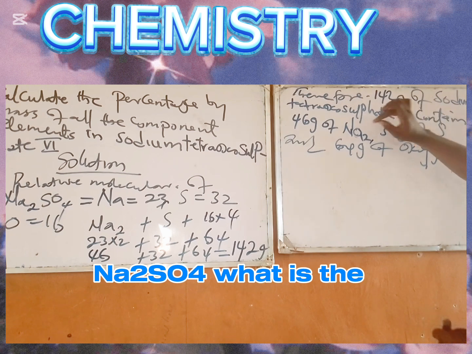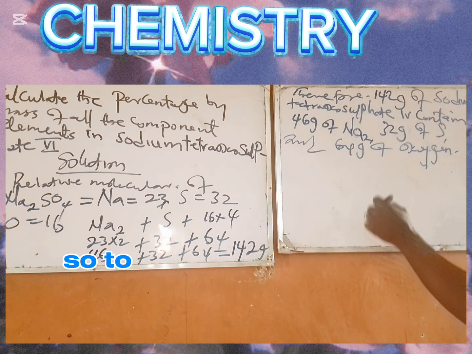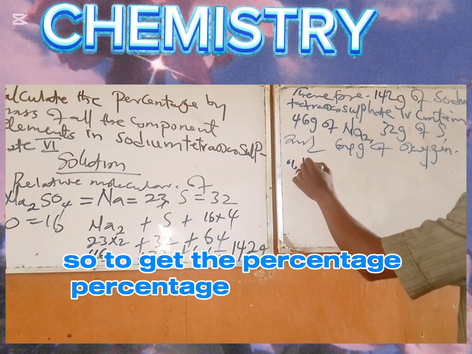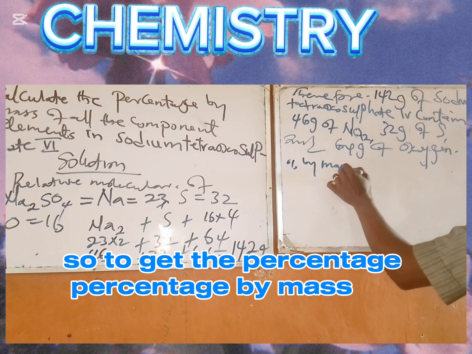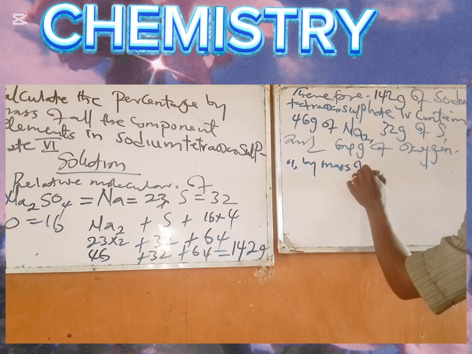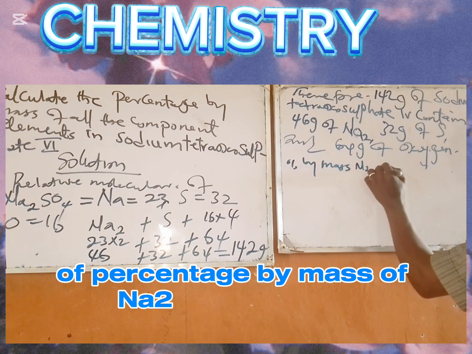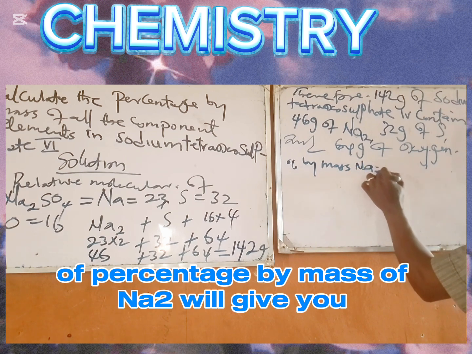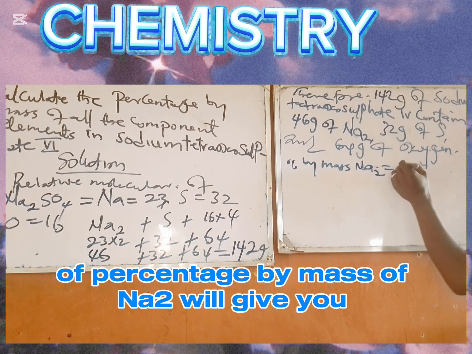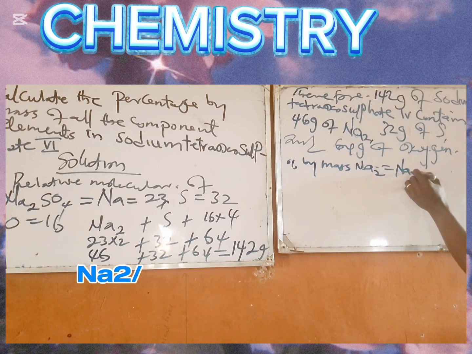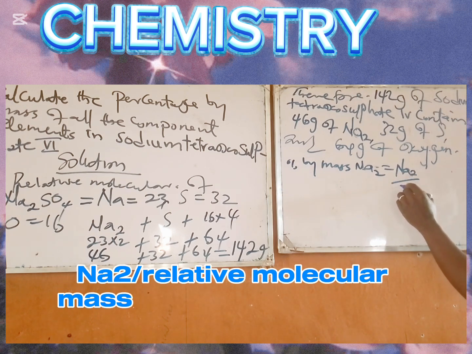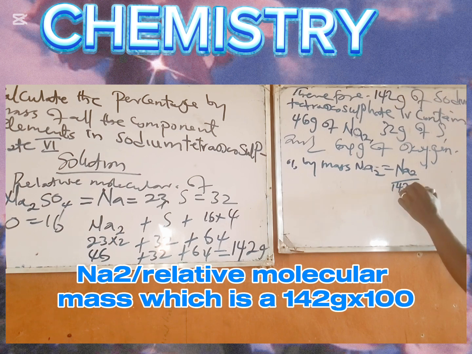So to get the percentage by mass of Na2, we take Na2 over the relative molecular mass, which is 142 gram, multiplied by 100.